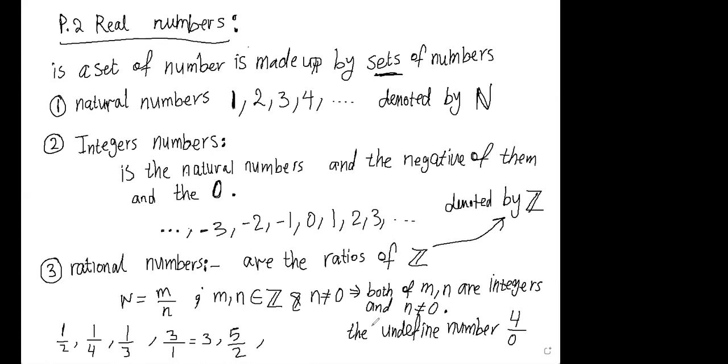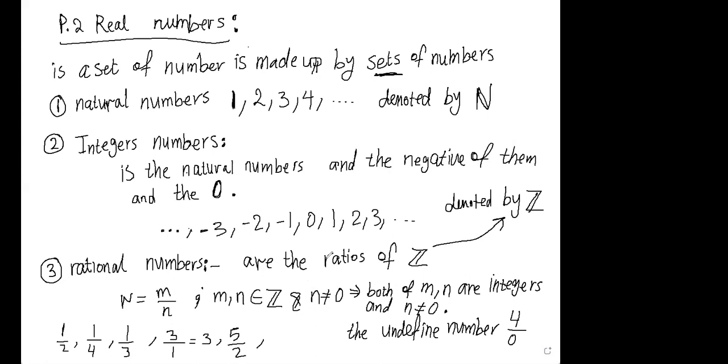Any questions so far? Okay, can I go to the next slide? Minus 4 over 6, yes, it is a rational number. And 4 over 6, yes, it's a rational number. Okay.